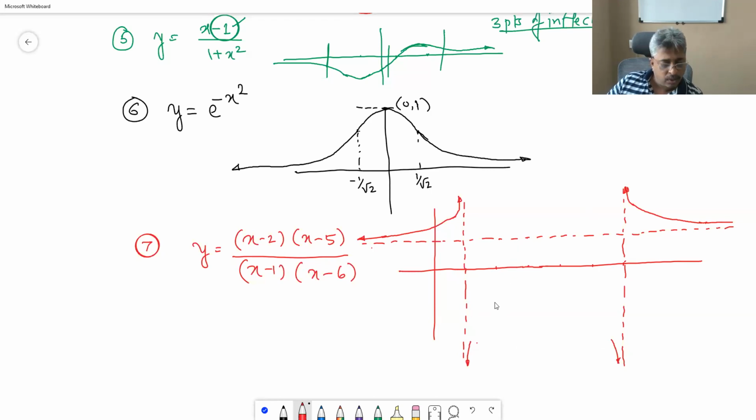Therefore, for x is equal to 2, y becomes 0. So the graph will pass through this. At x is equal to 5, y becomes 0, it will pass through this. And therefore, somewhere you will get the point of maxima also. Therefore, the graph is complete.